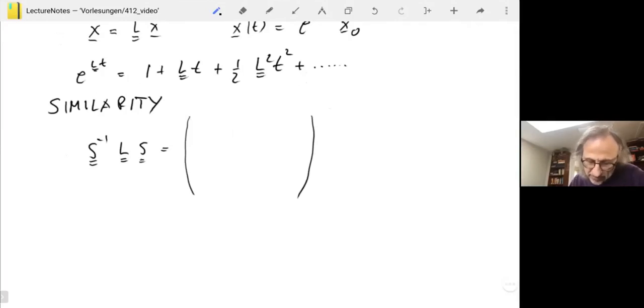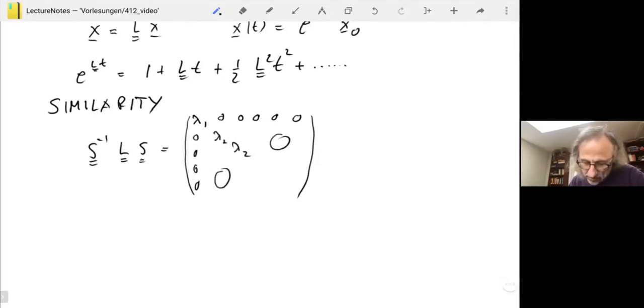In the simplest case, say there would be an eigenvalue lambda 1 that is not repeated. So there's only one eigenvalue with that value, lambda 1, and then we would have simply an element lambda 1 on the diagonal. We could have a repeated eigenvalue, maybe lambda 2 shows up twice. In general, in that case, this block could not just have a 0 here, but also this 1.